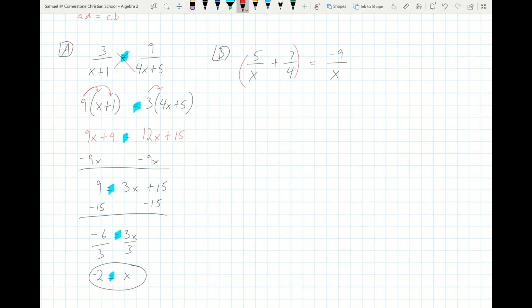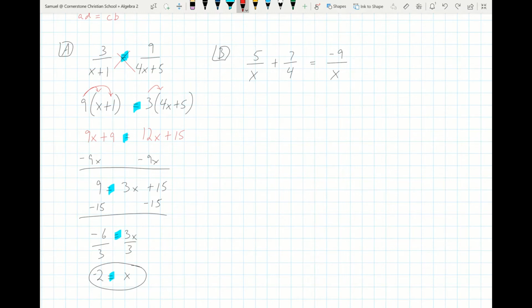I could add them together, finding a common denominator, and then I would have one fraction on the left side equal to one fraction on the right side, and then I could cross multiply like I just did.